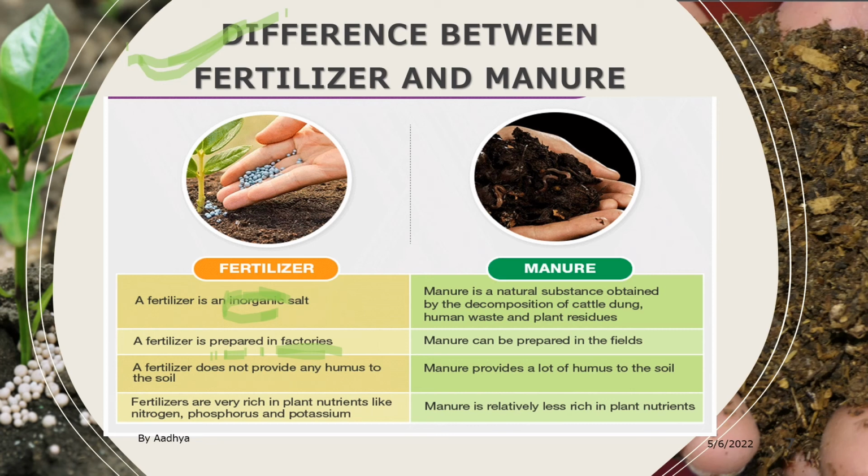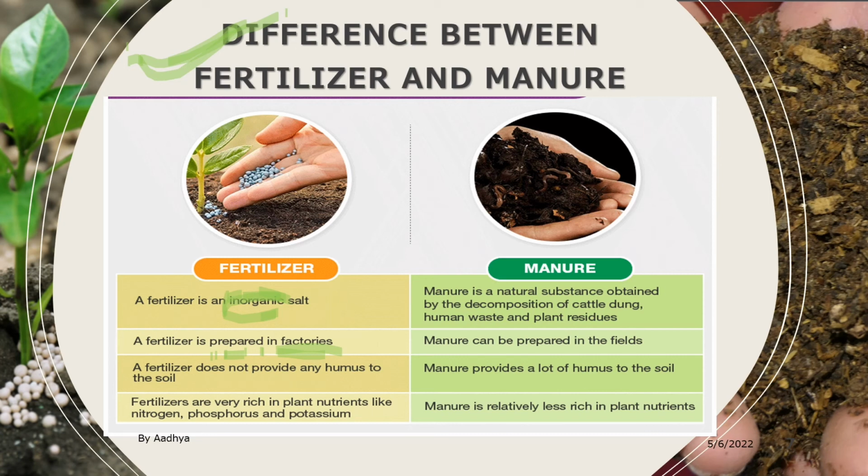Fertilizers do not provide any humus, while manure provides lots of humus. Then another point, that is fertilizers are very rich in nitrogen, phosphorus and potassium, while manure છે એ થોડુંક એનાથી less rich છે in plant nutrients.